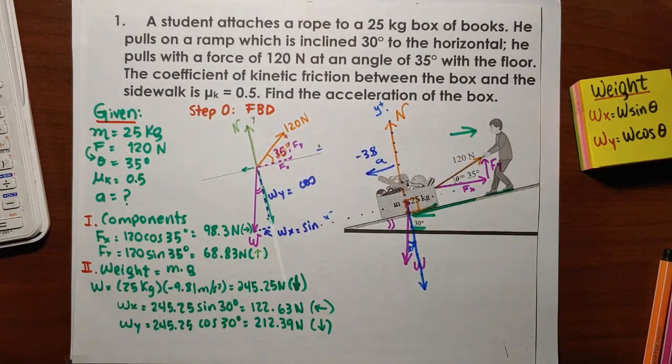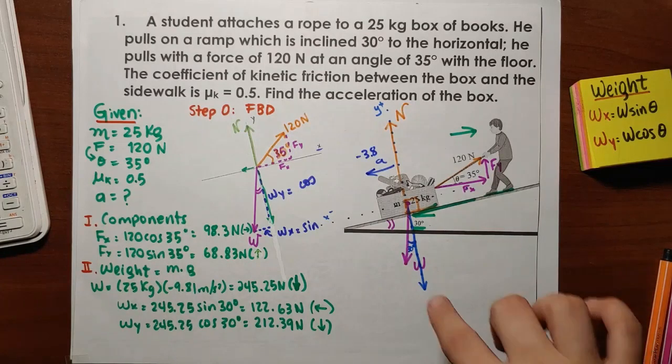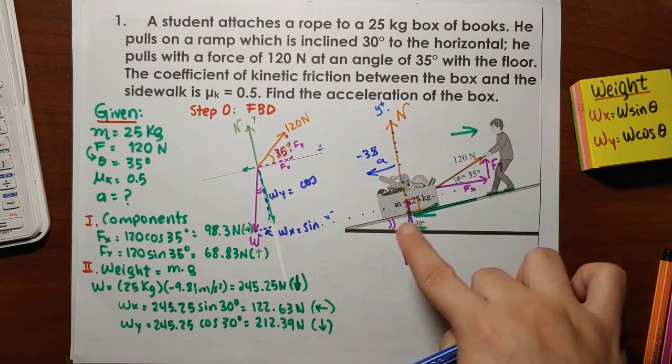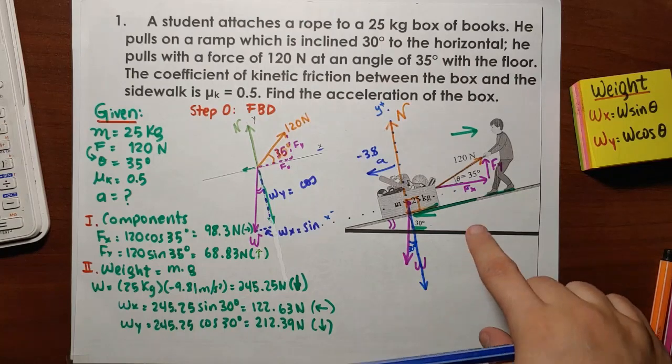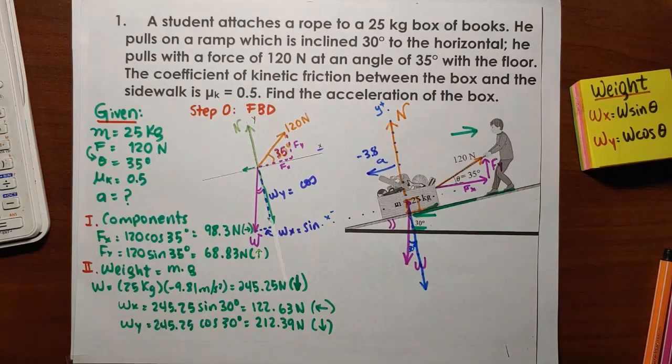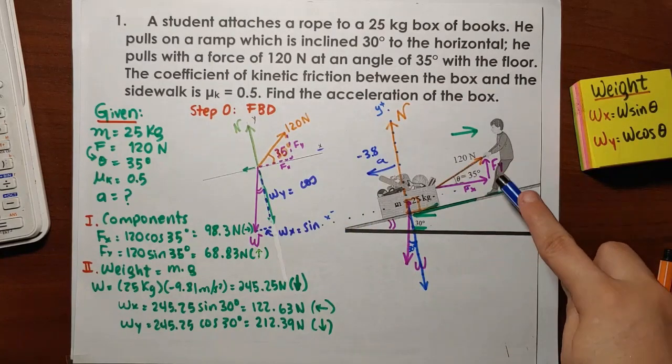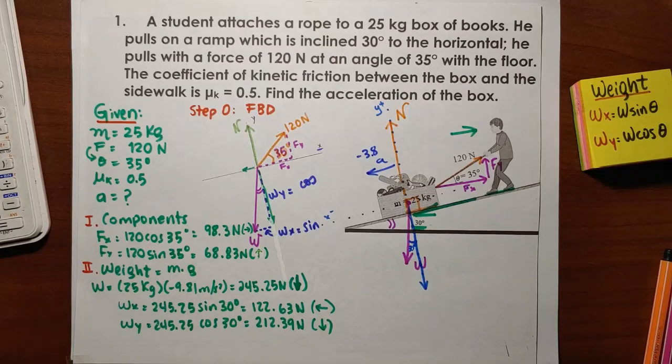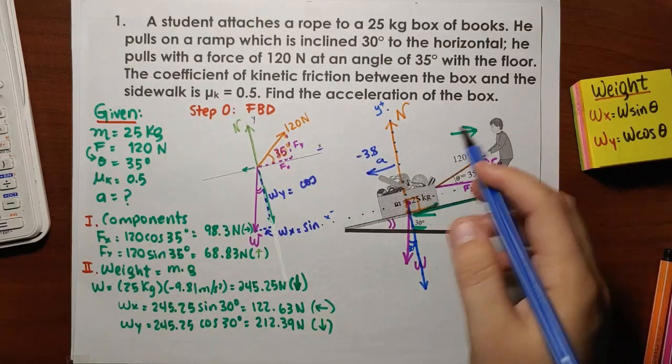So what does he have to do in order to make the acceleration positive and actually move the box? Well, probably he needs help. Someone may be pushing the box from here, or he also needs to pull harder, that means increase the force.